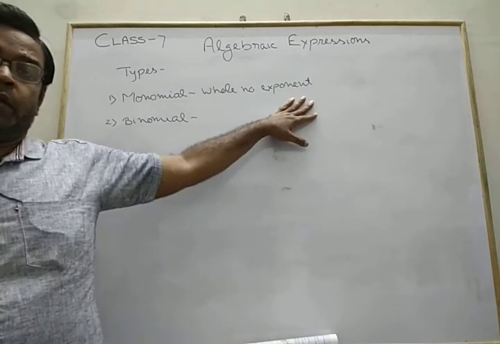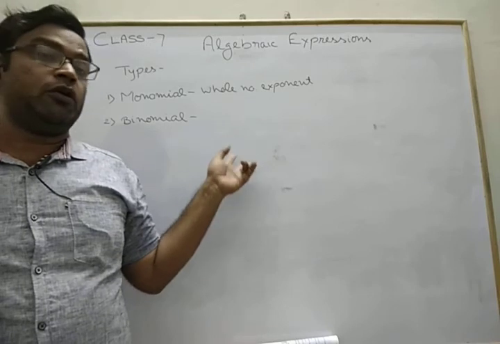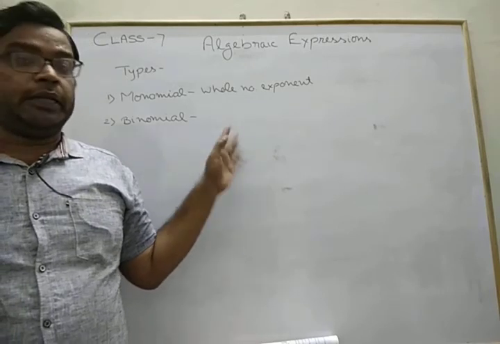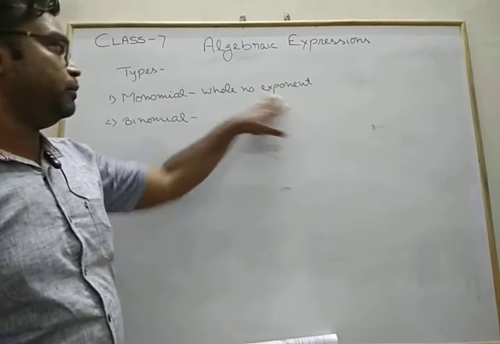In a binomial, there are two terms connected by either plus or minus in the expression. The rest is the same, meaning whole number exponents.